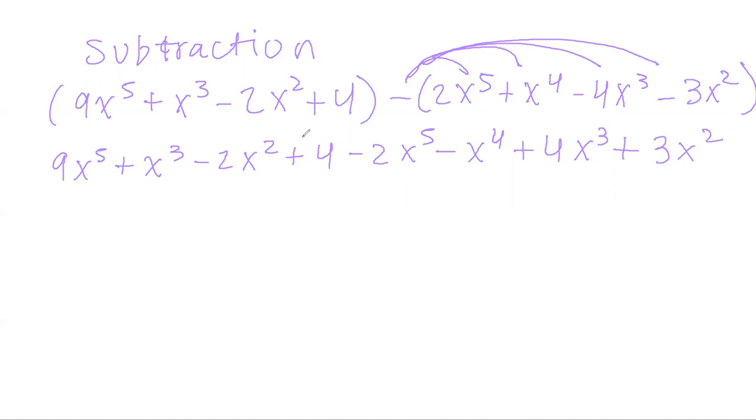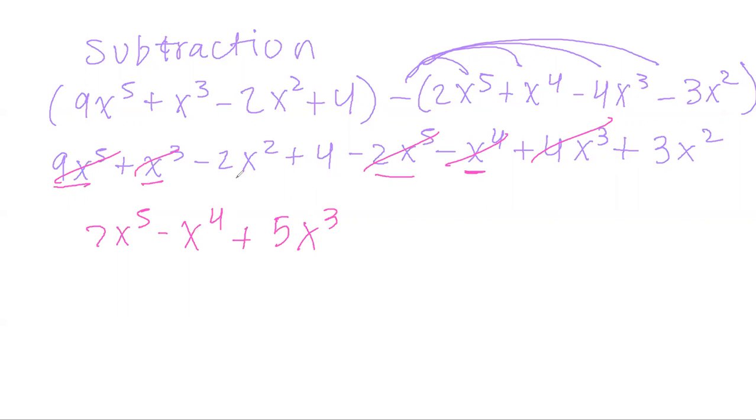Okay, so again, starting with the highest power, 9x to the 5th minus 2x to the 5th, that's just going to be 7x to the 5th. Going to my 4th power, negative x to the 4th, so just drop that down. Looking at my 3's, x cubed and then 4x cubed, that's just going to be 5x cubed.